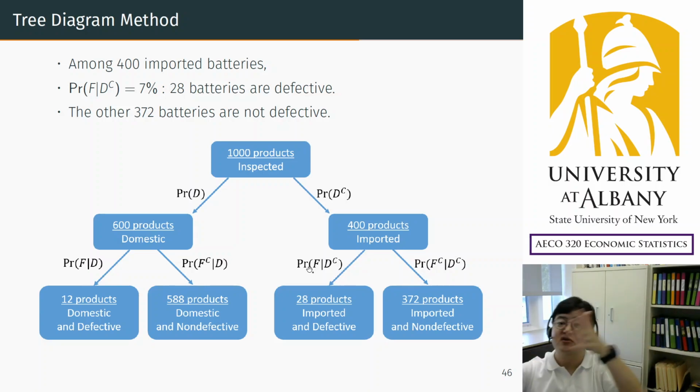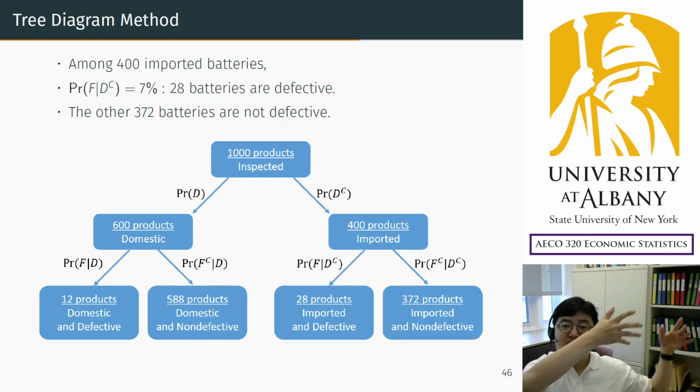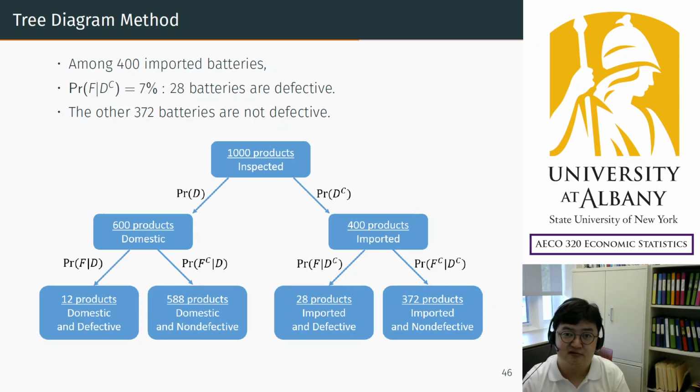And different conditional probabilities are used for different conditions, right? Obviously. If the given information was in a different form of conditional probabilities, then you may choose a different order of classifications.